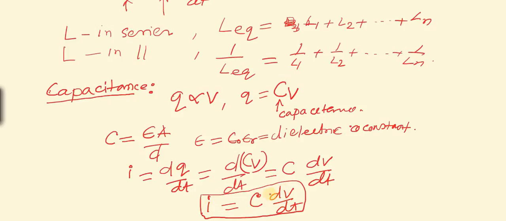So current will be 0. So when voltage reaches steady state value through a capacitor, current becomes 0. And what does this mean? Current becomes 0, that means the circuit is open. So in case of a DC circuit or constant voltage circuit, the capacitor behaves as an open circuit.